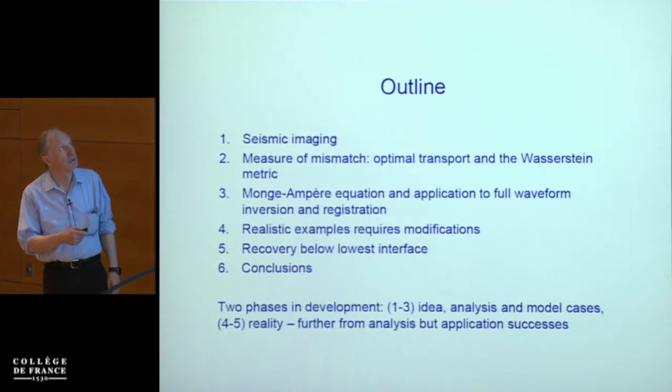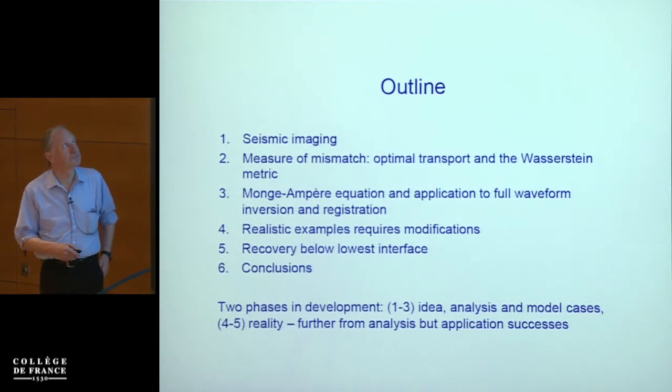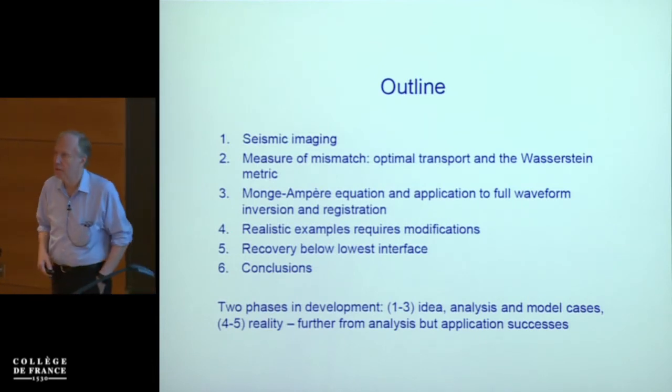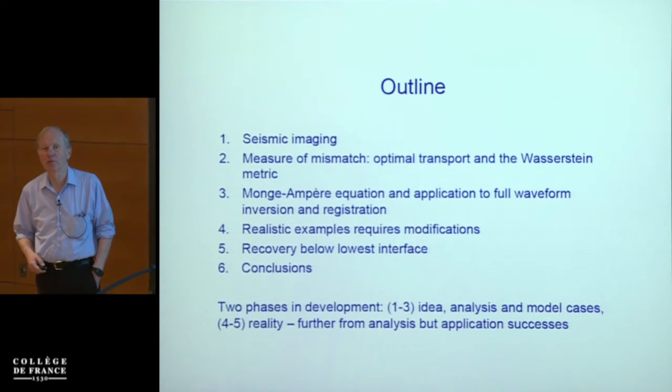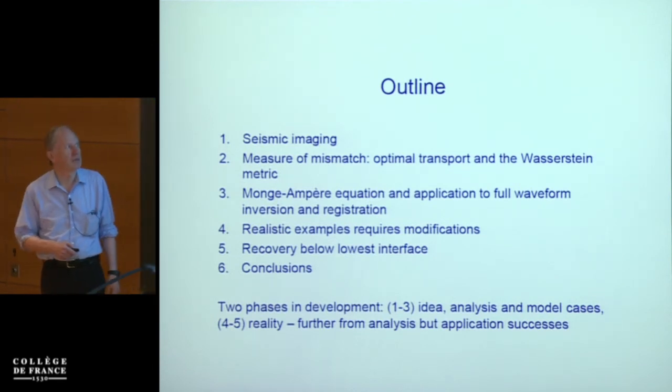So we'll first introduce the problem as it is, and then see where optimal transport could fit into this setting, and then see what one needs to do with optimal transport, or the Wasserstein metric, which will be one important piece here, in order to fit it to seismic, and it's not a perfect match, so therefore there will be some questions there.